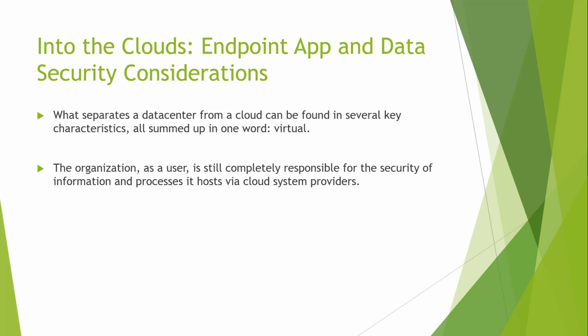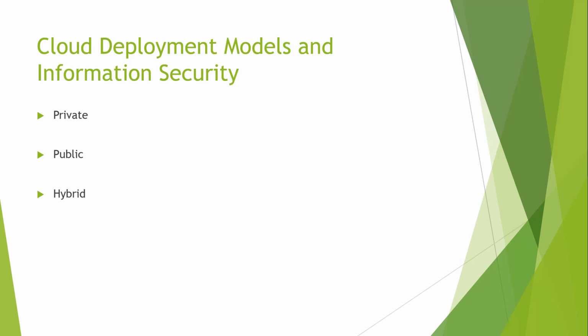So, a common question I get is, what are the common types of clouds out there? Private, public, and hybrid. A private cloud could be one organization that manages the entire cloud. Public is where you can rent or lease cloud capability from another organization. Amazon AWS and Microsoft Azure are typically public clouds.